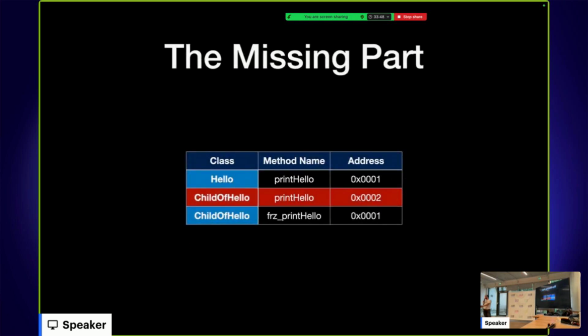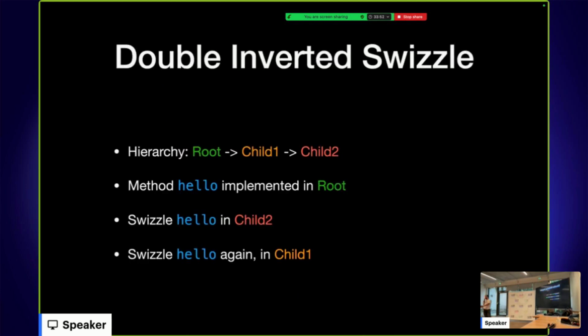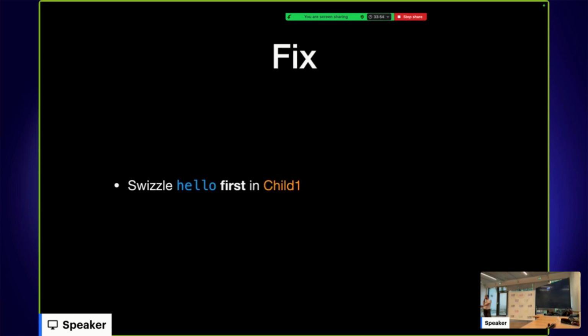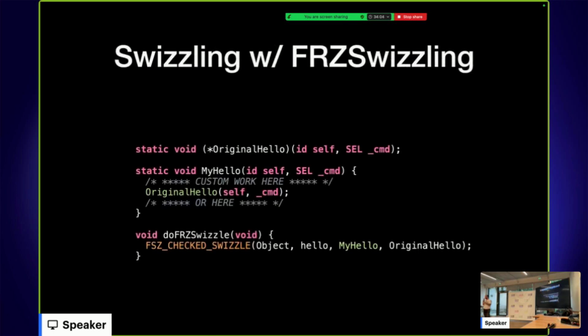I'm not aware of many implementations of swizzling that do that, but I know there is a post, now archived on New Relic, which presented the solution I did for swizzling. So to swizzle with FRZ Swizzling, you do things a bit differently.